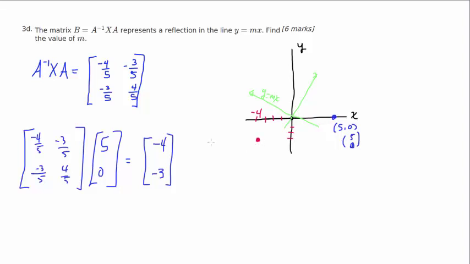So here's its image. One thing to think about is I can connect these two, and so my line of reflection must bisect this, because if it's a reflection, this distance has to be the same as that distance. And if it is a true line of reflection, well, this will also have to be perpendicular, 90 degrees.